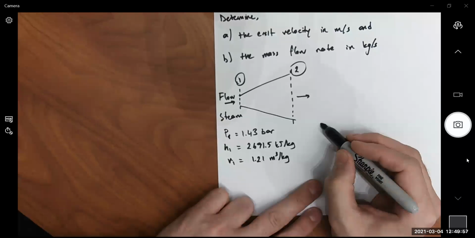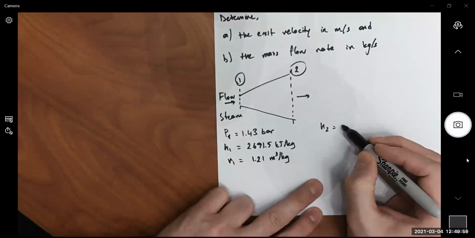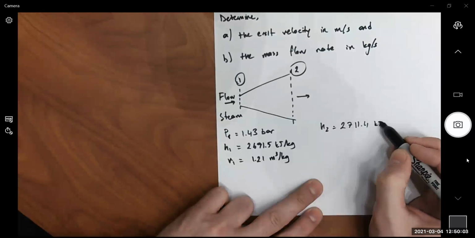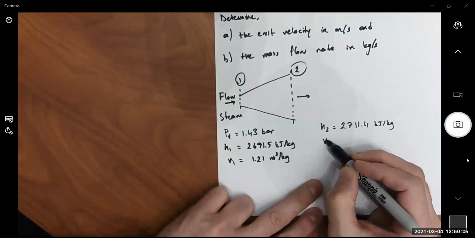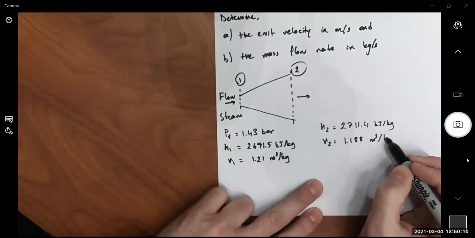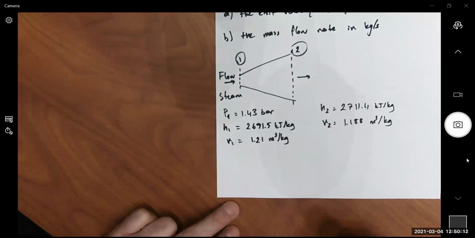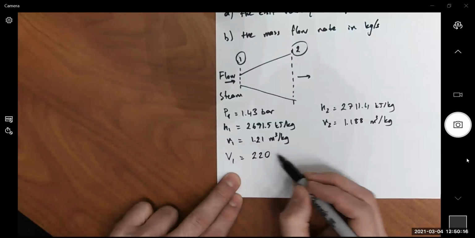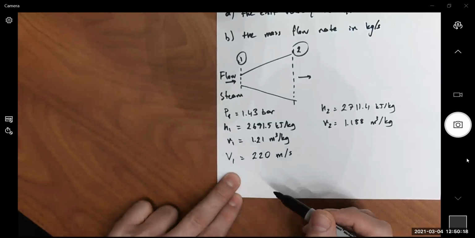The exit enthalpy is 2,711.4 kilojoules per kilogram. Specific volume is 1.188 meter cube per kilogram. And I also know my velocity at the inlet, 220 meters per second.